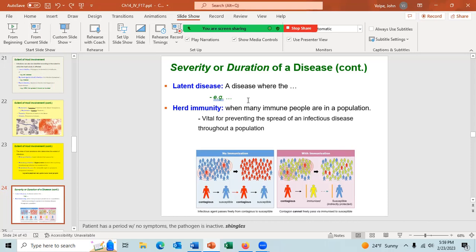Another example of a latent disease is herpes simplex virus 1 causing cold sores. We actually most likely got that infection when we were very young because it's very common in the human population.